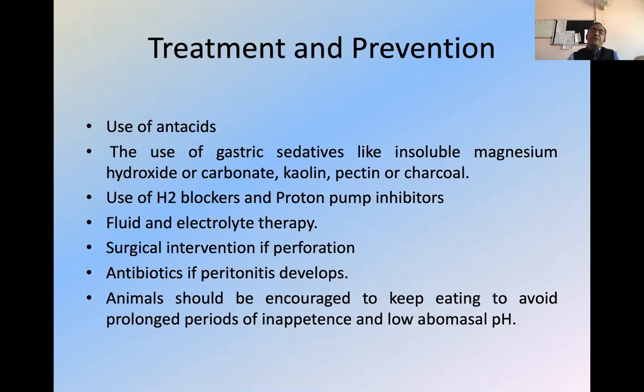If the animal remains in inappetence for a very long time, there is a loss of flora, and the pH of the abomasum is very difficult to control. So to check the pH, to increase the abomasal pH, we have to induce the animal to go for this type of therapy.